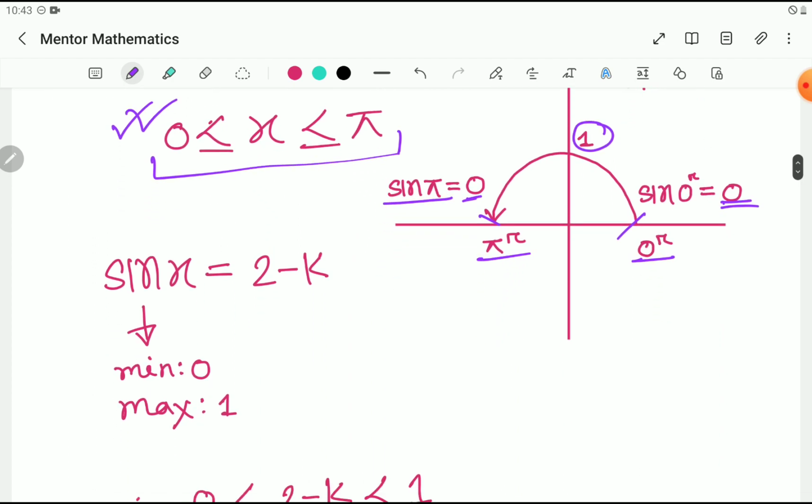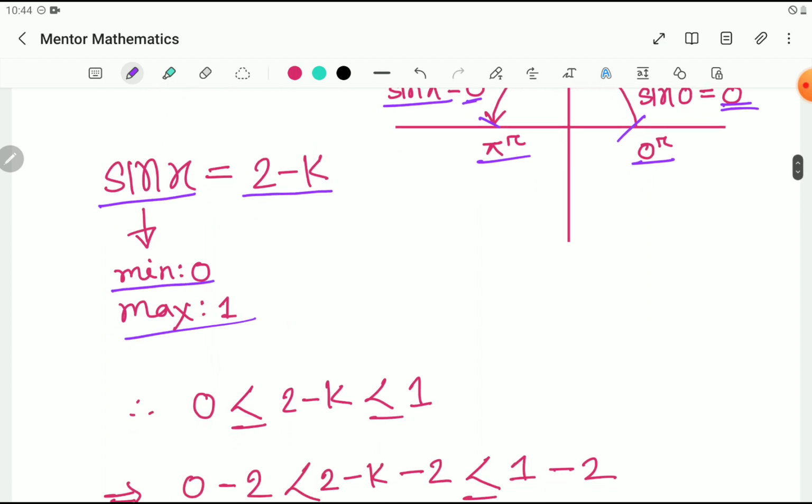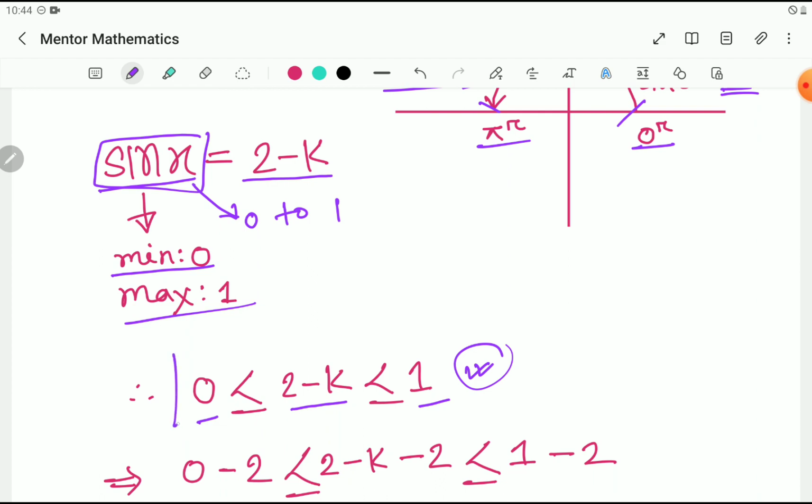Therefore what we can write here, sine x equal to 2 minus k is given here, and minimum value is 0, maximum is 1. So we can simply write here 0 less than equal 2 minus k less than equal 1. I hope you understand it, because the 2 minus k is equal to sine x, and we know the value of this sine x is 0 to 1. So simply we just write them, because this is sine x.